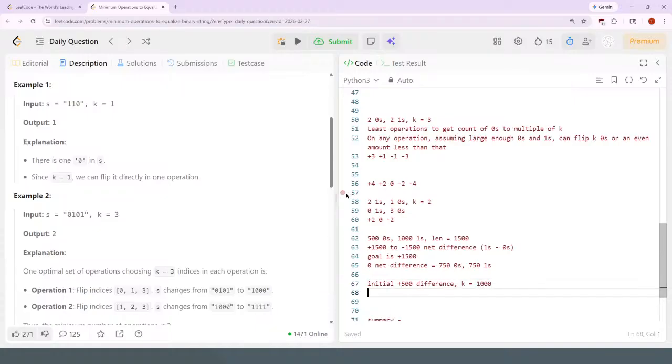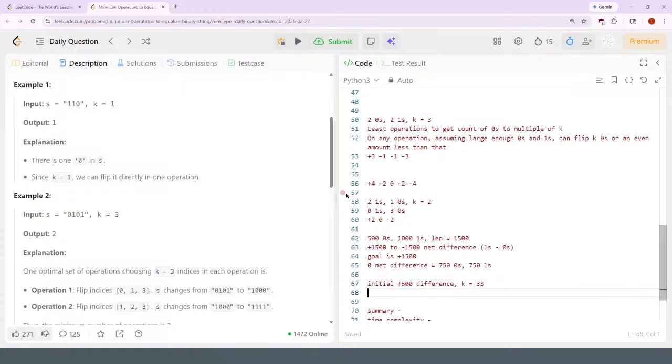K is 1,000. No, let's say K is 33. So here I should just remove K from the difference each time until it's something closer, right?